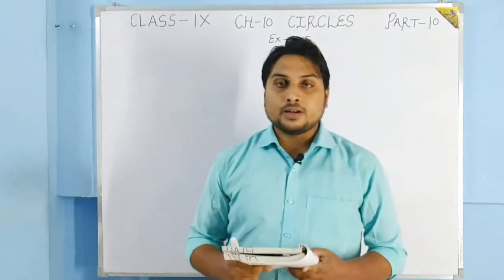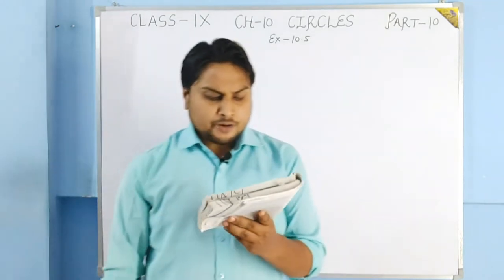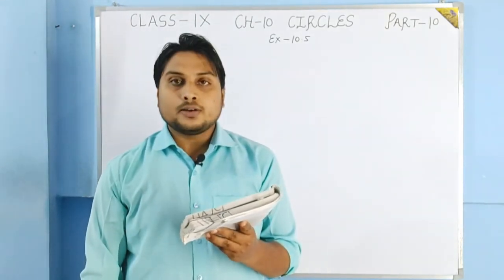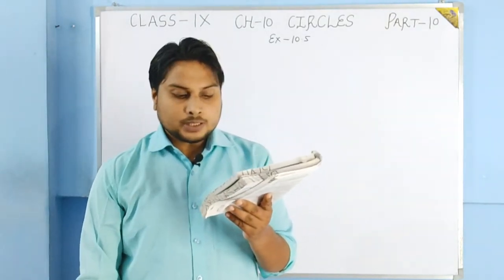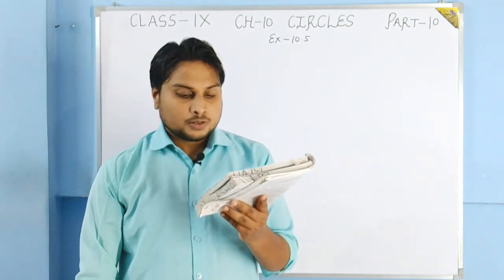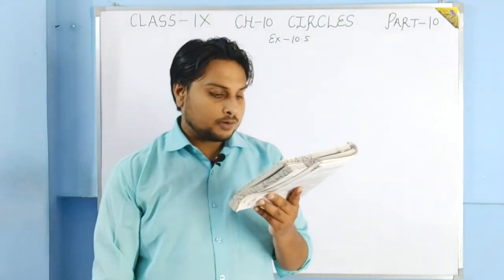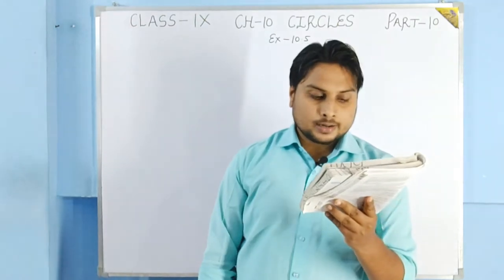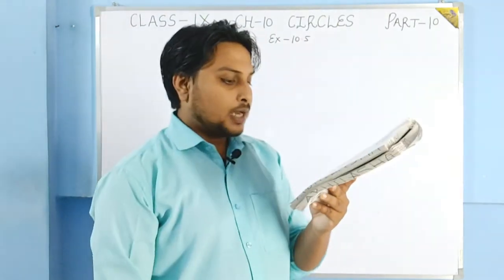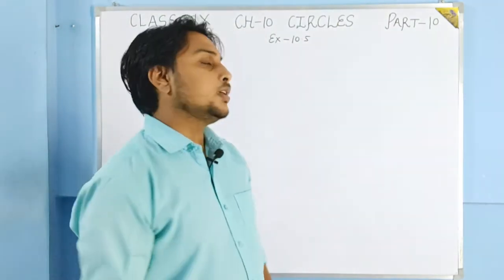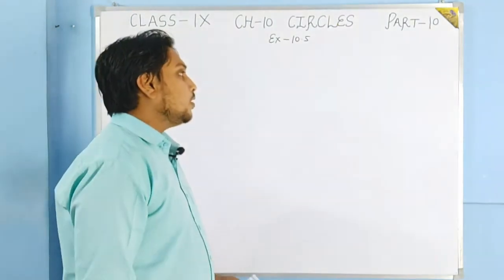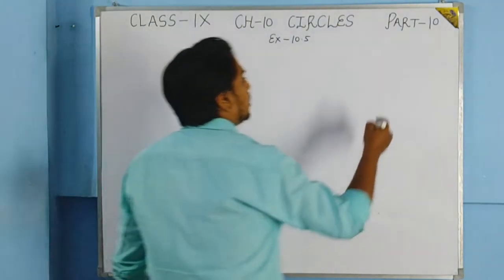Coming to question number 7. Question number 7 is: if diagonals of a cyclic quadrilateral are diameters of the circle through the vertices of the quadrilateral, prove that it is a rectangle. Okay, the diagonals of the cyclic quadrilateral are diameters of the circle through the vertices of the quadrilateral. Means what, students?